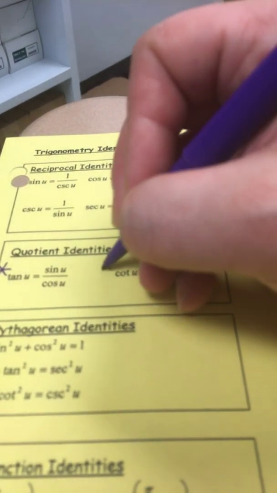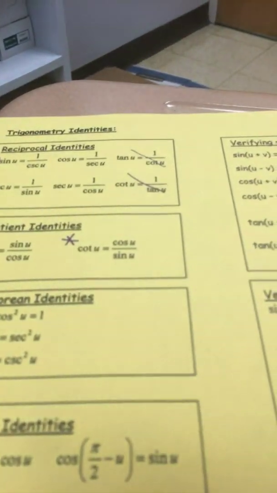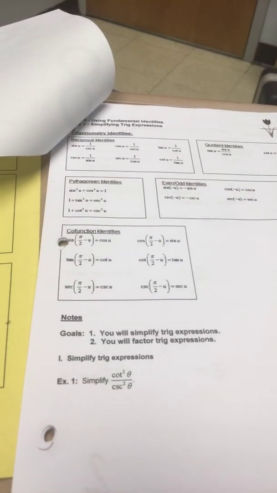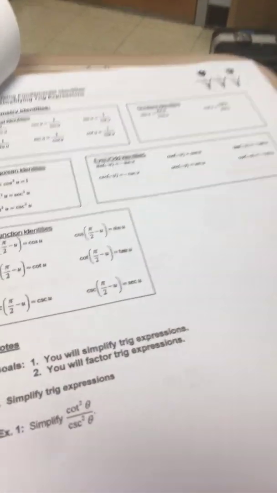And same thing, we're going to want to focus on cotangent here, which is cosine over sine, versus this cotangent. So don't completely eliminate those, but if you're going to focus on anything, focus on these. On page 1 is some of the same things, but the yellow sheet is going to be more your priority. But it's in here if you need it. So here are the two boxes that really we're going to focus on.